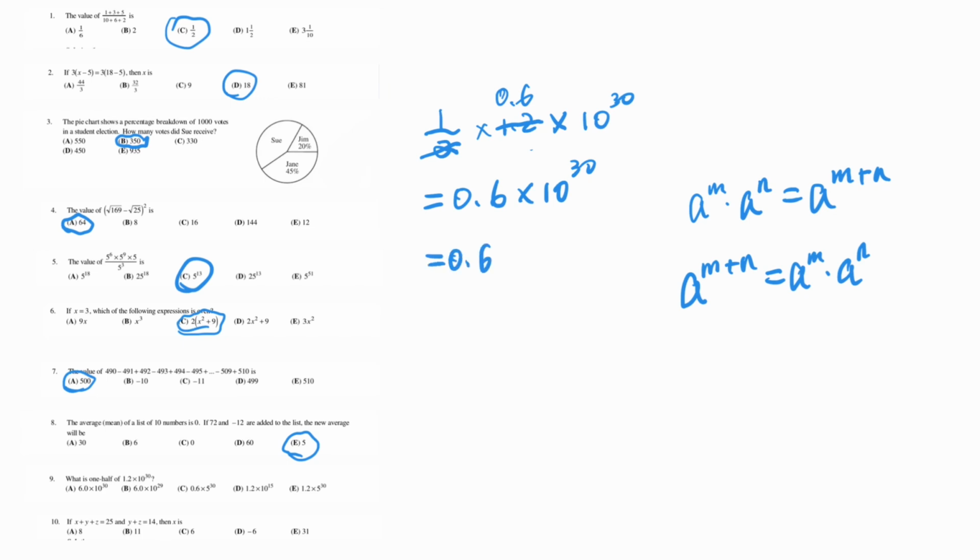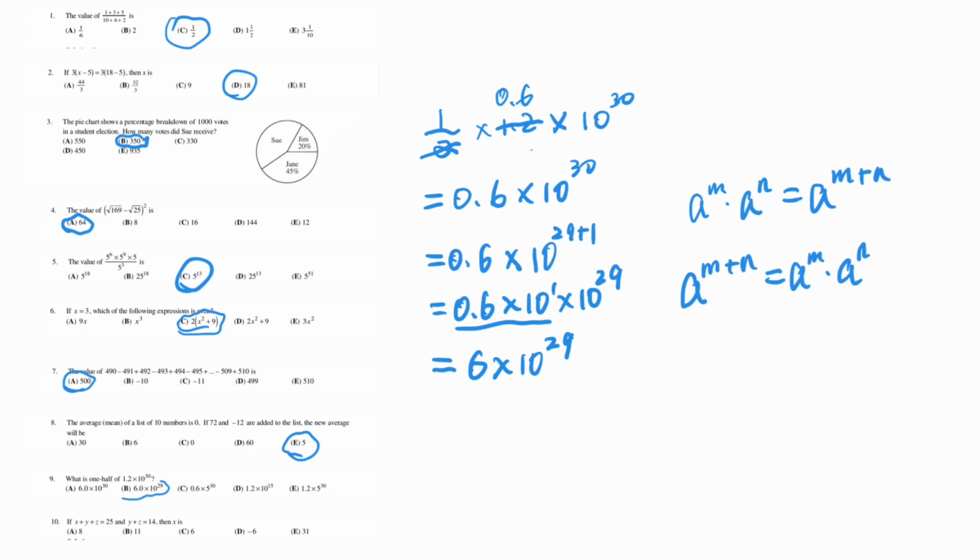This problem, we use 0.6 times 10 to the power 29 plus 1. Now they equal 0.6 times 10 to the power 1 times 10 to the power 29. 0.6 times 10, that's 6 times 10 to the power 29. So the answer is B.